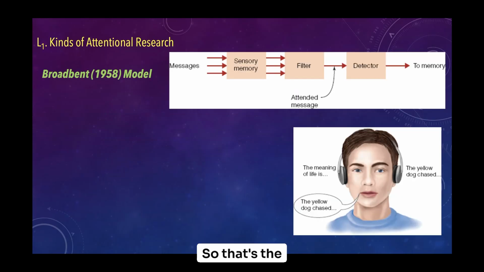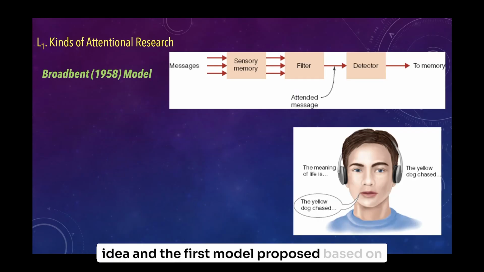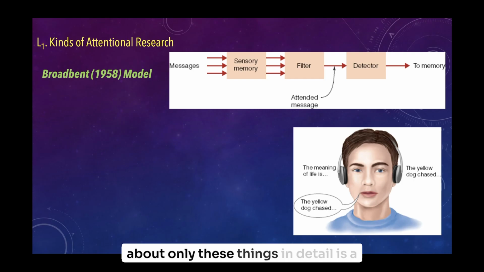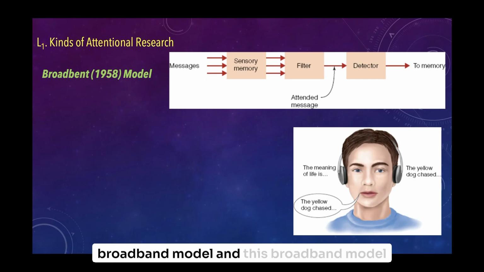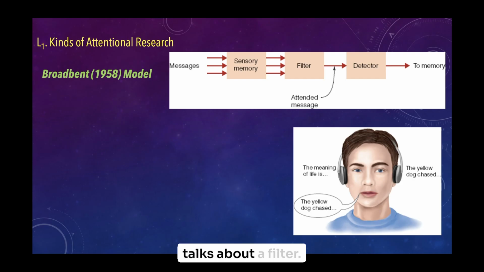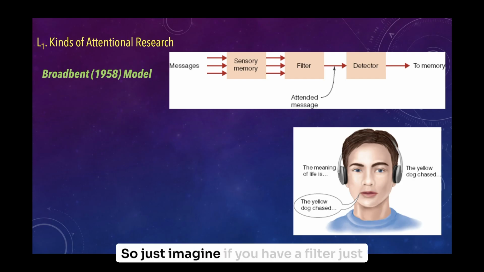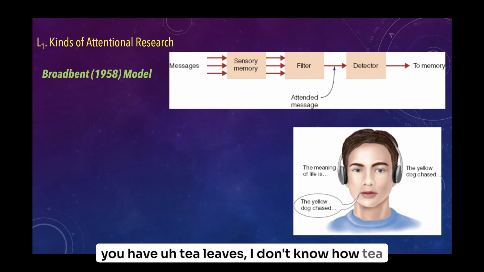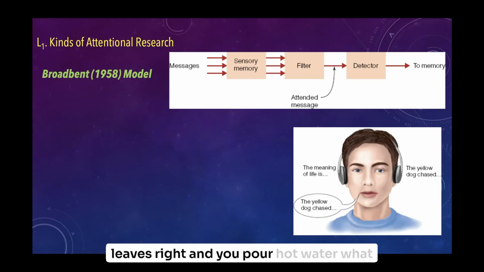So that's the idea. And the first model proposed based on this, and there will be another video which talks about these things in detail, is Broadbent's model. This Broadbent's model talks about a filter. Just imagine you have a filter and let's say you have tea leaves, and you pour hot water.